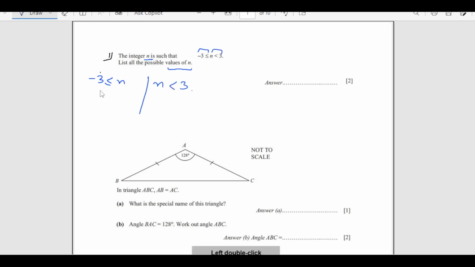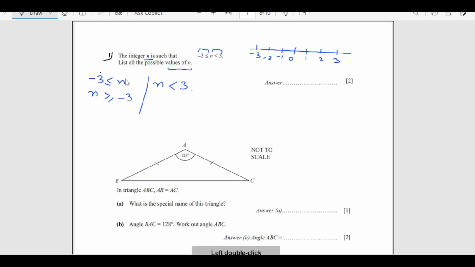Now we can write this down: n is greater than or equal to -3. If we see this number line here, 0 is here, -3 is here, and +3 is going to go on the other side. So we have 1, 2, 3 here on the left hand side, -1, -2 and -3.